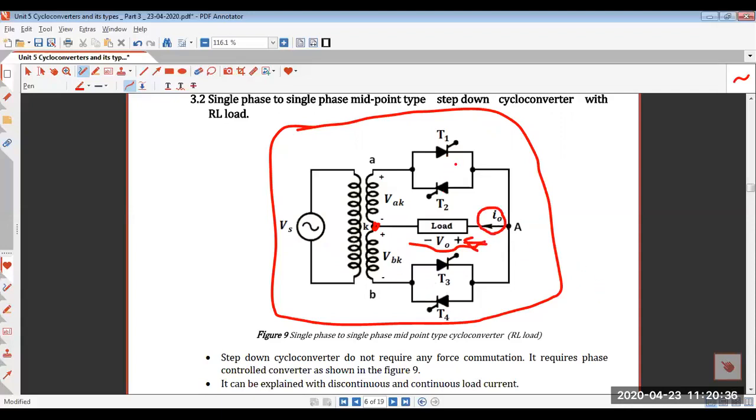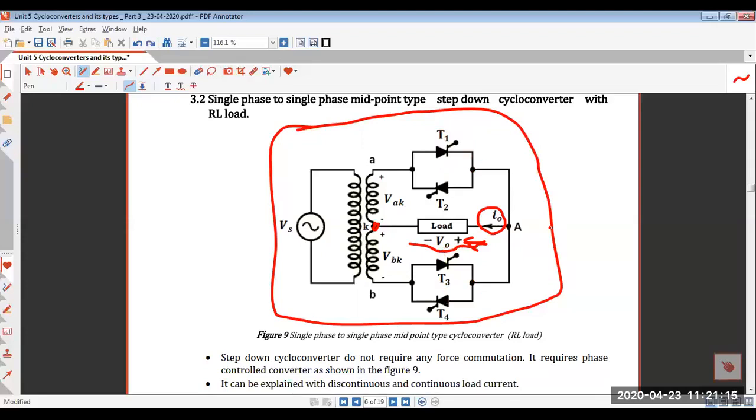In this type of cycloconverter, thyristor T1 and thyristor T3 belong to the positive group of SCRs, because these two SCRs conduct for the positive cycle, and they would give you the output as the positive envelope of the supply.